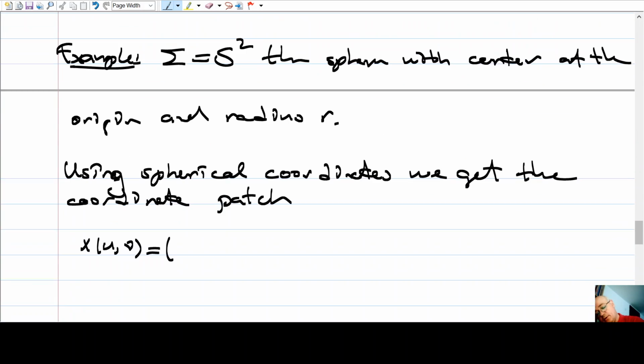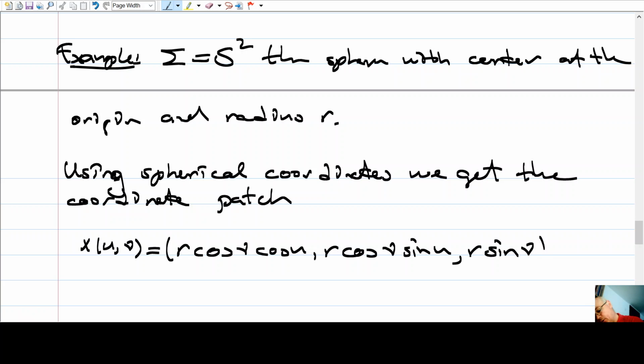So the coordinate patch is r times cosine nu cosine u, r times cosine nu sine u, and r times sine nu.